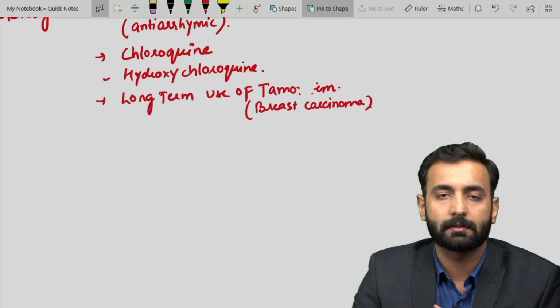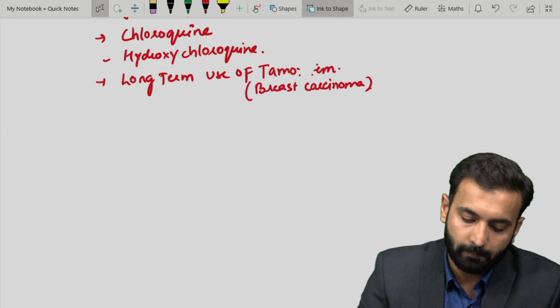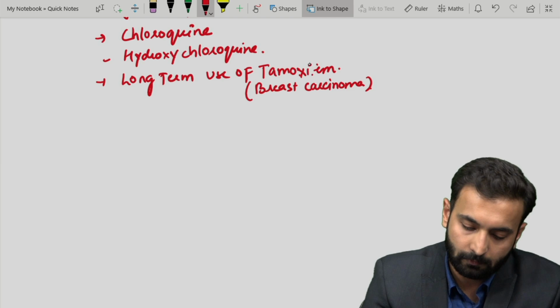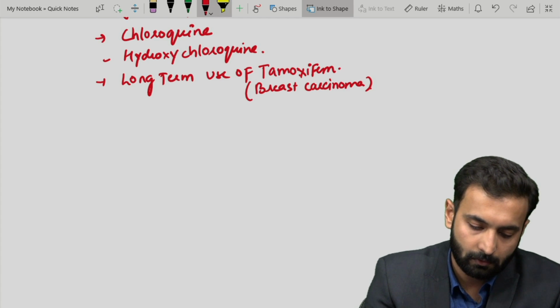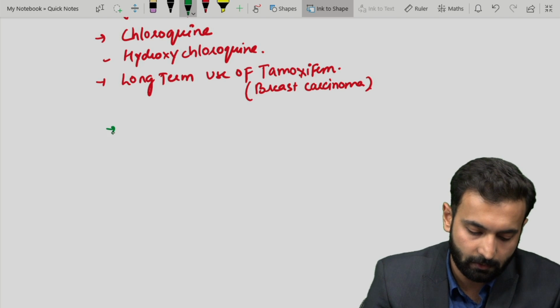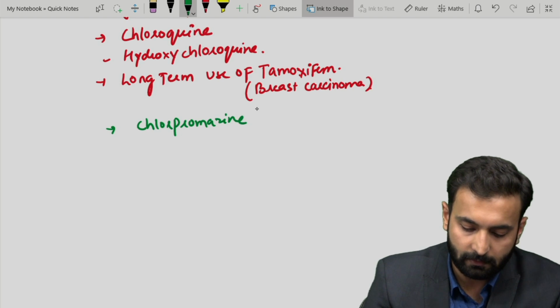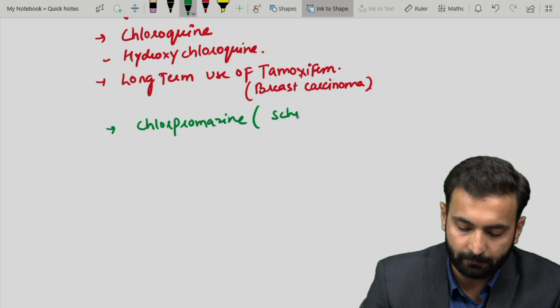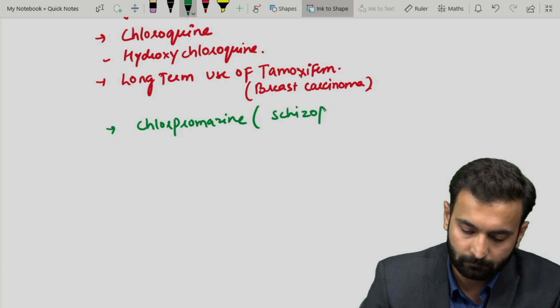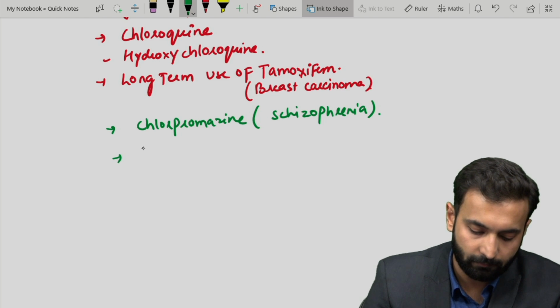There are other drugs also. So other drugs which are associated are chlorpromazine, write down chlorpromazine, which is used in schizophrenia, and Fabry's disease.